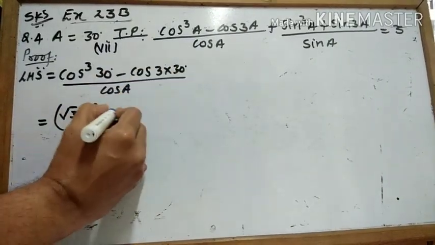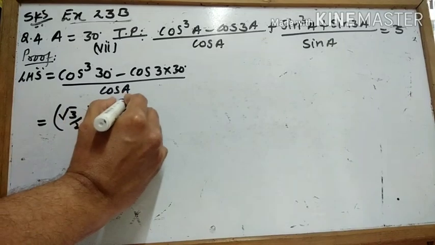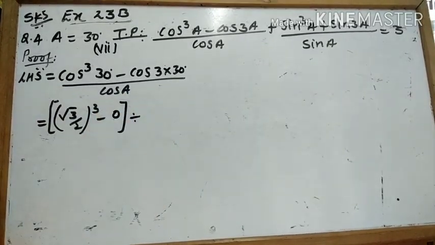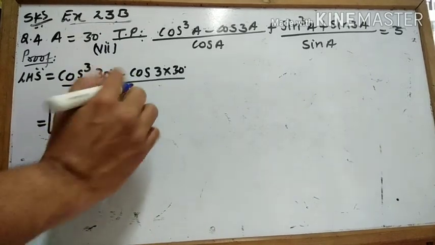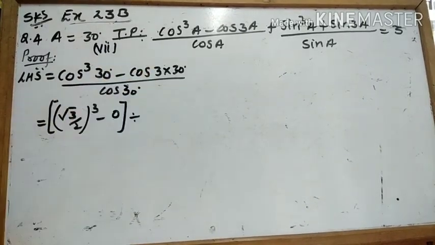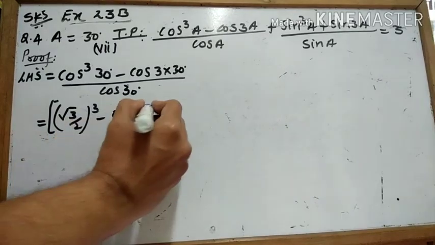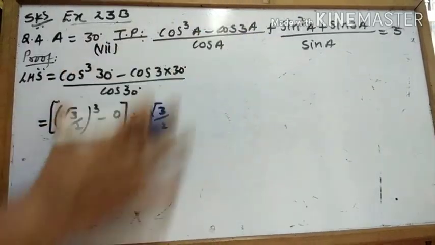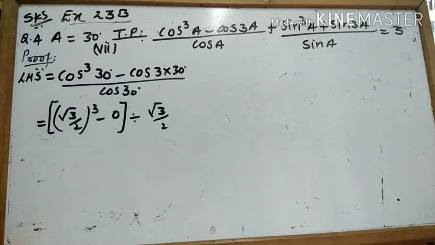So cos 90 is nothing else but 0. Divided by cos A. Cos A, as I told you, will be replaced by 30 over here, so it will be divided by root 3 over 2. I told you I am just going to check the first fraction first.